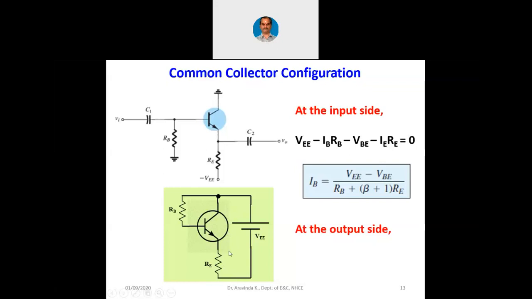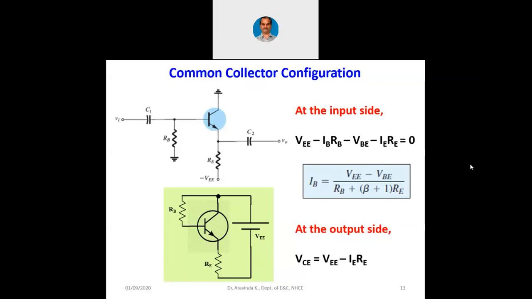So, VCE plus IERE equals VEE, or else we can write VCE equals VEE minus IERE. The voltage drop across collector and emitter is nothing but the total supply voltage VEE minus the drop across RE. So, VCE equals VEE minus IERE. And I hope you have understood this. This is a simple analysis. If you have understood all our earlier examples, this is basically a simpler example.